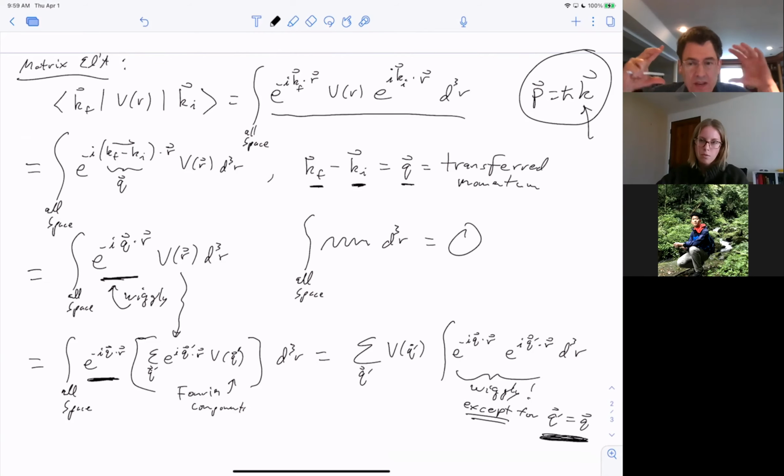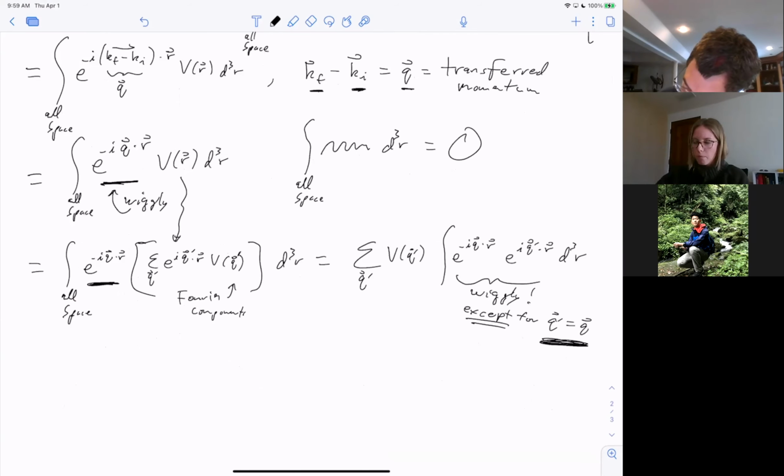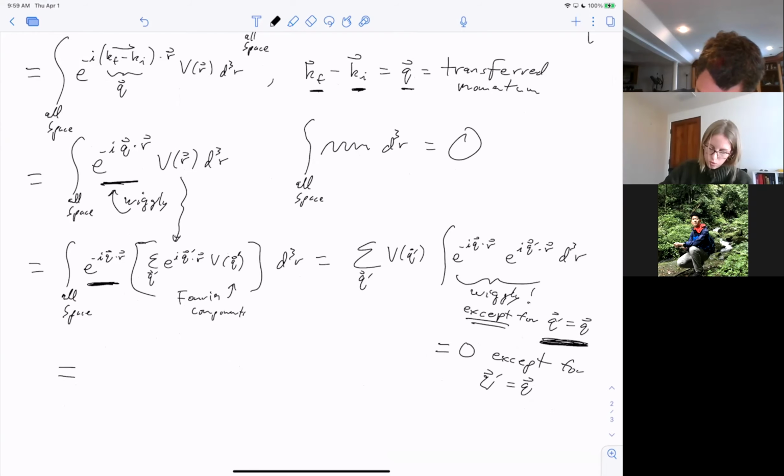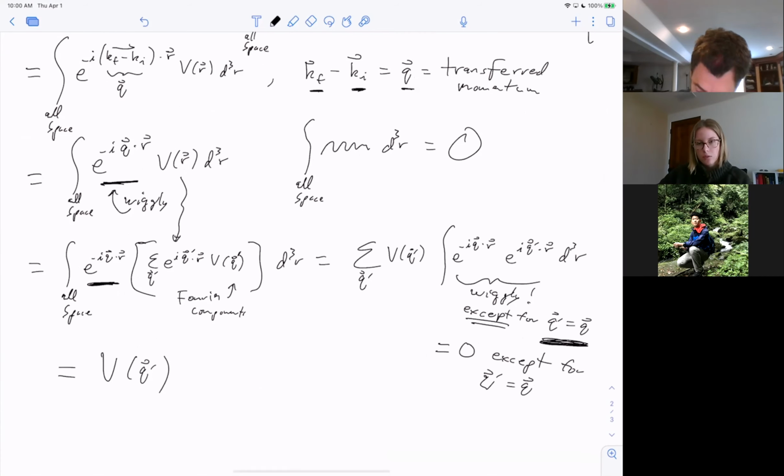So that means it equals zero except for Q prime equals Q. And so that means that this thing, they all go to zero, but then this whole thing is going to collapse to this V of Q prime. So that's the matrix element.